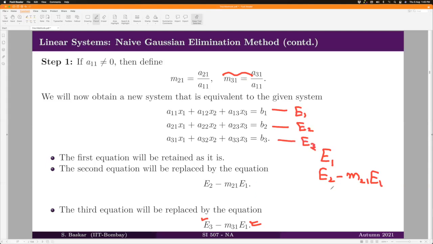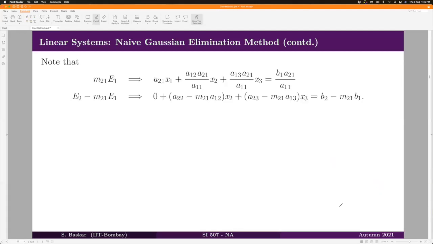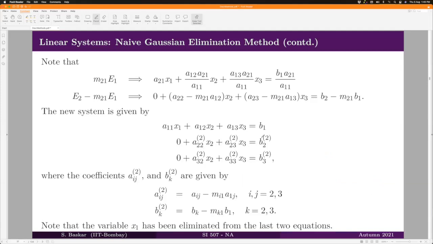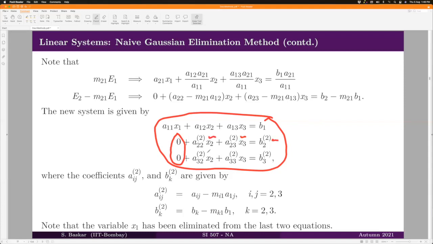And the third equation will be E3 minus m31 into E1. So that is your new system. So you can do these calculations. I will skip this. And your new system is given like this, where the first coefficients of the second and the third equations vanish, and your new coefficients are introduced here, and their expressions are given by this.